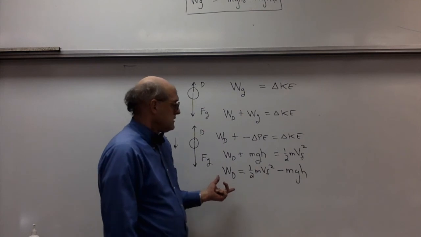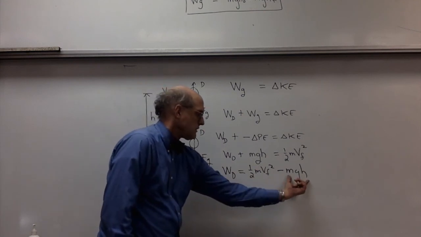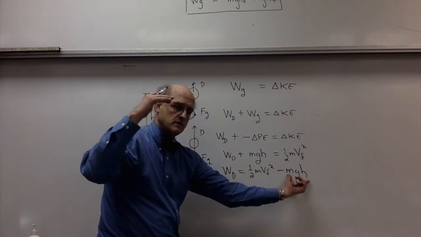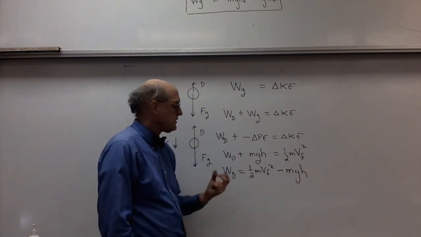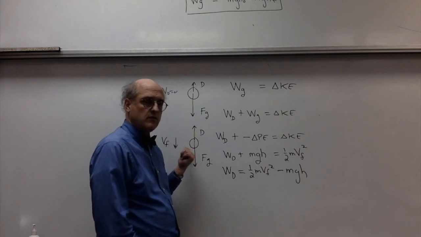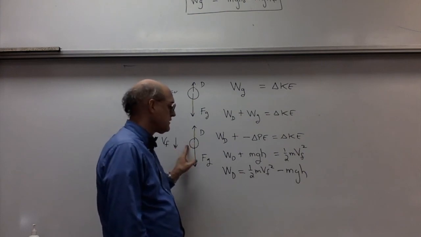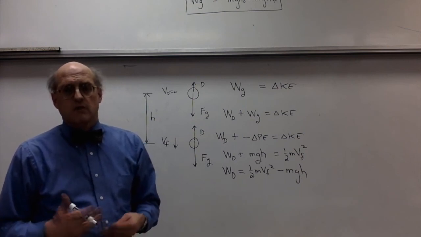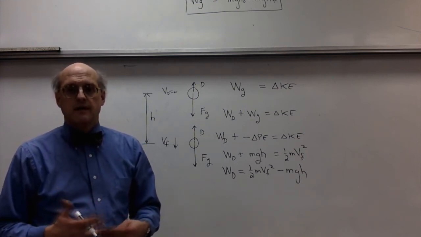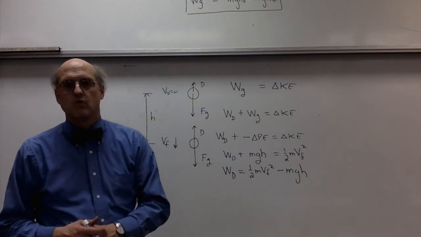Right? So in this case, the potential energy that the ball has before being released is greater than the kinetic energy the ball has down here, which means that some of the original potential energy was converted into heat due to the drag force doing work on the ball.